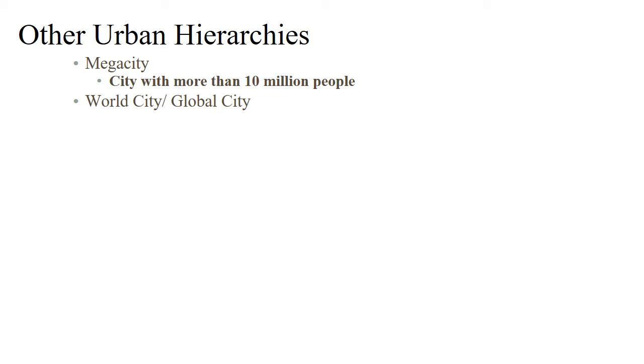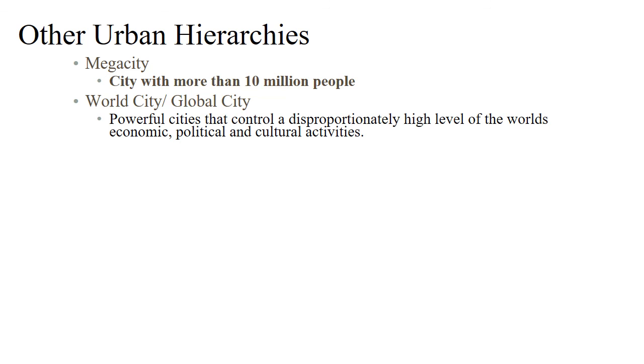World cities may or may not be megacities. Oftentimes they are, but they're mostly defined by their global influence and power. Like the definition here, powerful cities that control a disproportionately high level of the world's economic, political, and cultural activities.